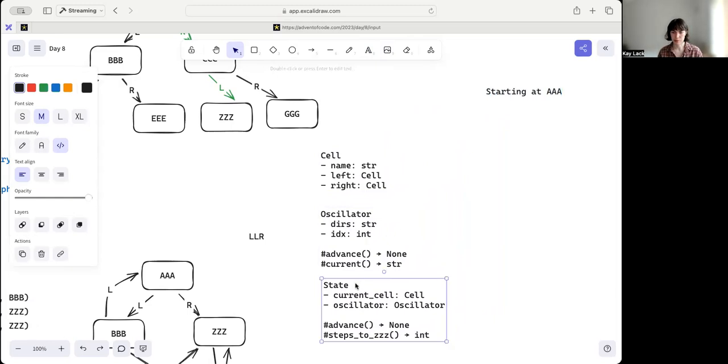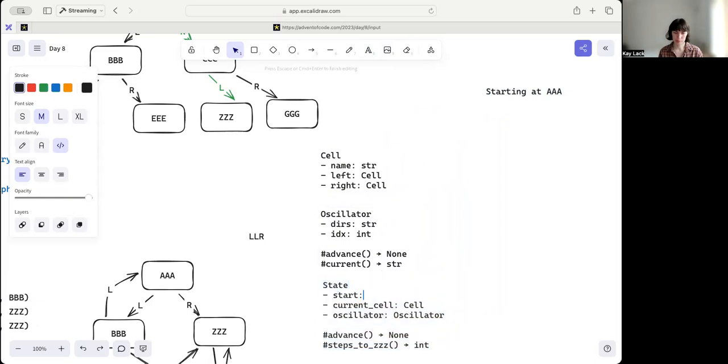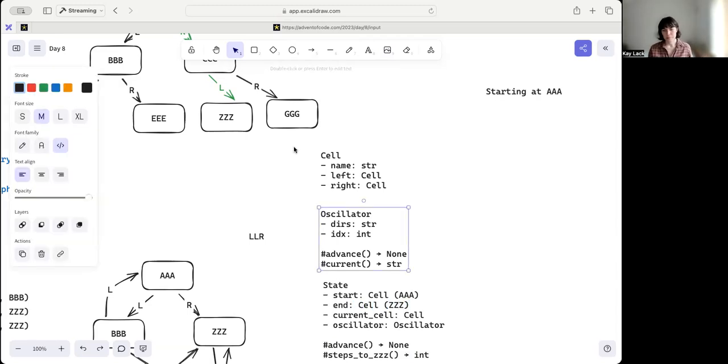Just need to make note of it when we get it. Starting at AAA.